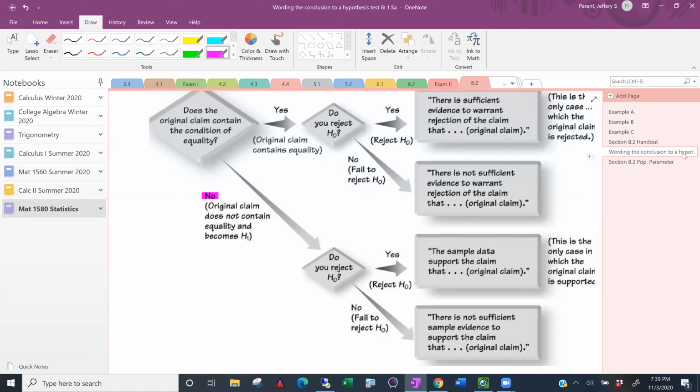Does your original claim contain the condition of equality? Which branch should I follow, the yes or the no branch? No. No branch, yeah, because it doesn't contain the condition of equality. Do we reject H naught? Yes. So the sample data support the claim that, and then we got to state the original claim in words. So let me write that down first. Sample data support the claim.